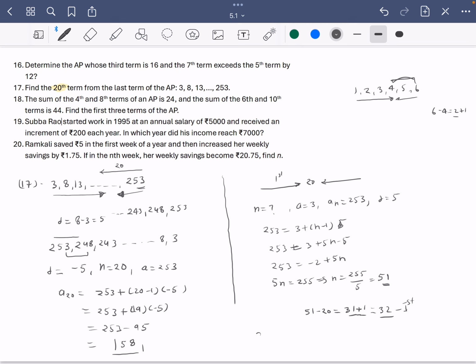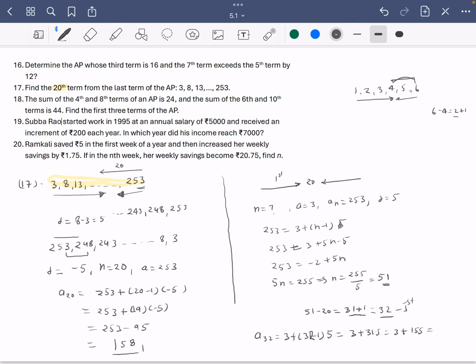So I will calculate a32 for this AP, the AP that I've highlighted here. It's going to be 3 plus (32 minus 1) times d, and d is 5. 3 plus 31 times 5, 31 times 5 is 155.